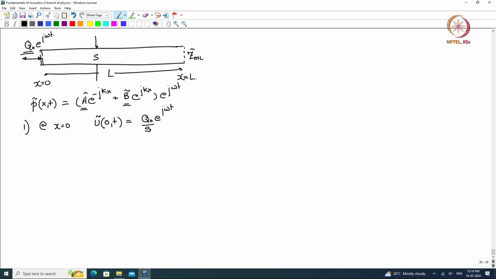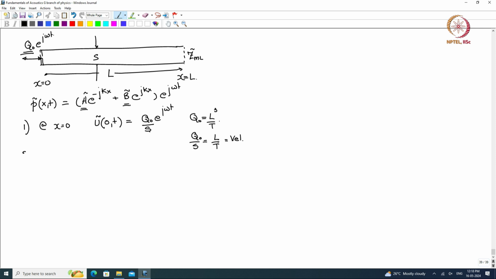Okay, so Q0 has volume per unit time units. So Q0 divided by S, cross section area, has L over T units, which is velocity. So that's the condition at the left end.